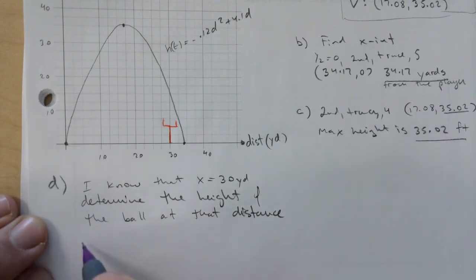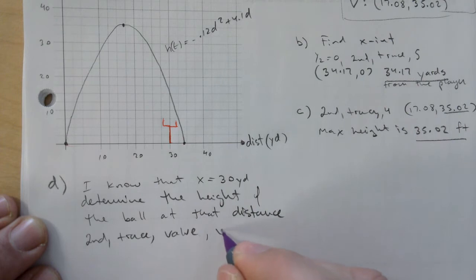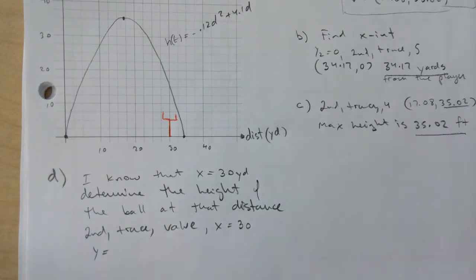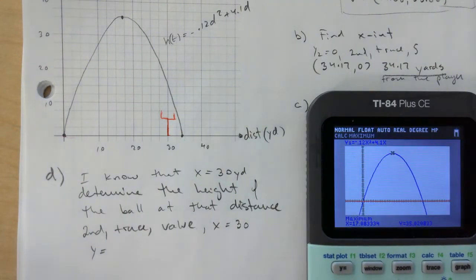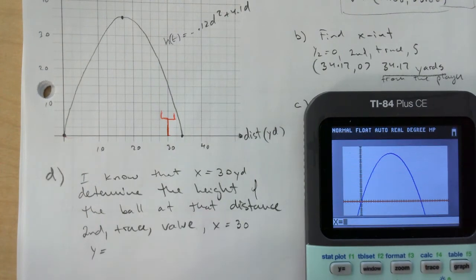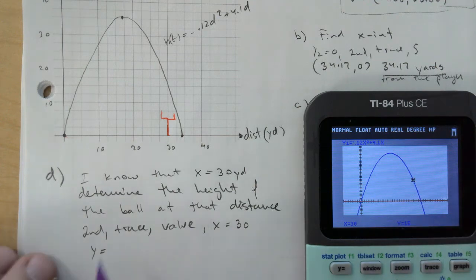Okay, so I'm going to go second trace value, or you can put 1, and I'm going to say x is equal to 30, and I will expect a y value in return. Okay, I'll show you 2 ways of doing this. So second trace 1, x is equal to 30, and I am at 15, right? The height of the ball at that point, because remember, this is the path of the ball, is at 15 feet.